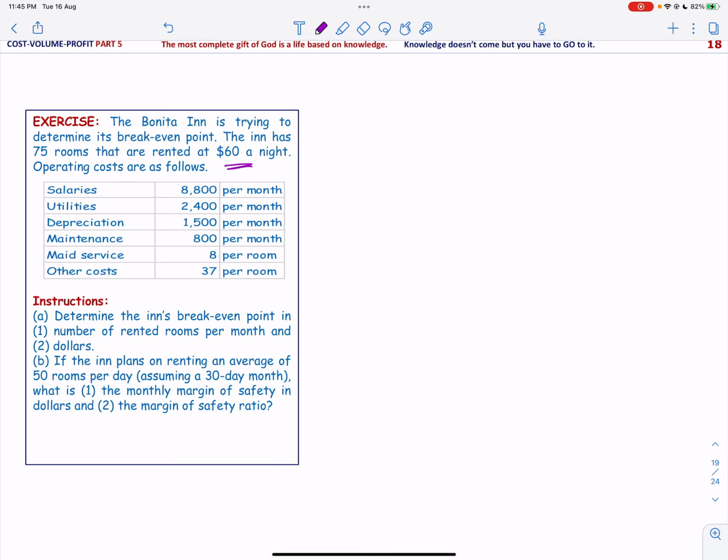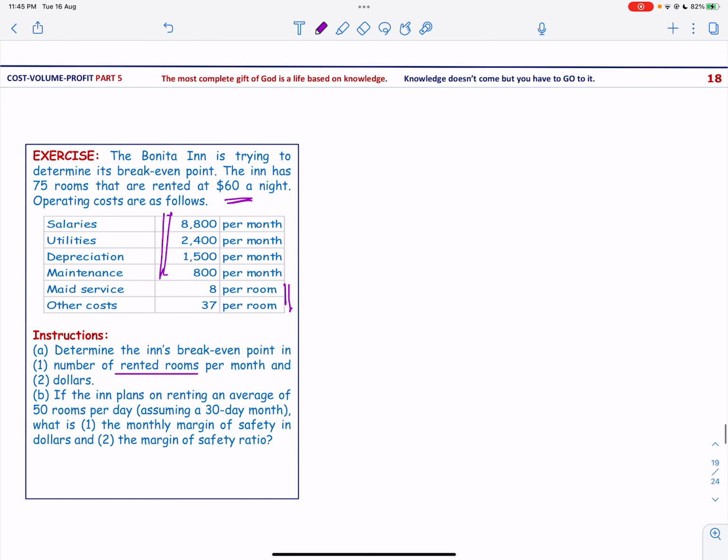So we have the fixed costs over here, and these are the variable costs. We determine the inn's break-even point in number of rented rooms per month and dollars. So we have to calculate both in units as well as in dollars.